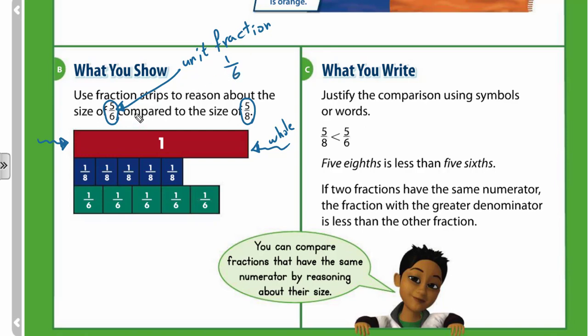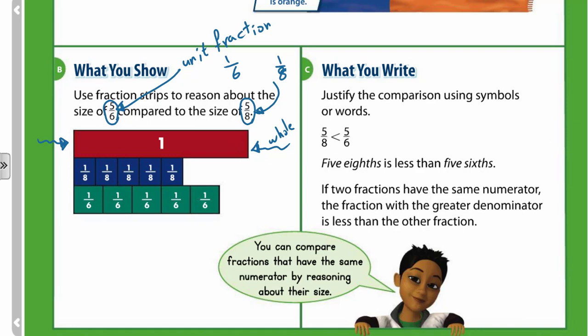Sorry, I said 6. We should use 5 of these unit fractions to represent 5/6. And for the second one, the unit fraction is 1/8. So they are not the same. They are different unit fractions.